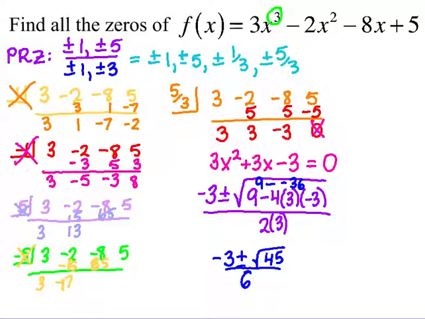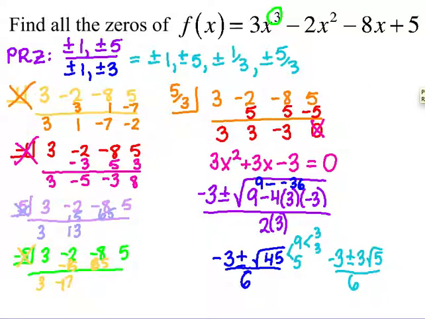Final step is you have to break 45 down. 45 you know is 9 and 5. 3 and 3. So really I get negative 3 plus or minus 3 root 5 all over 6. And then you can reduce.